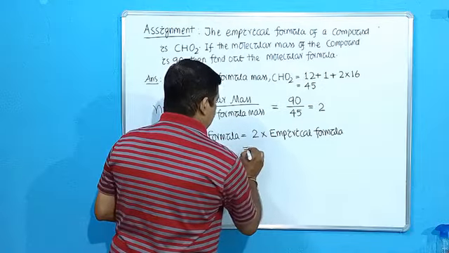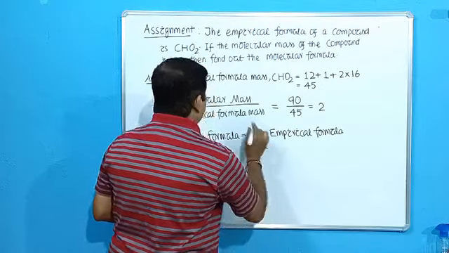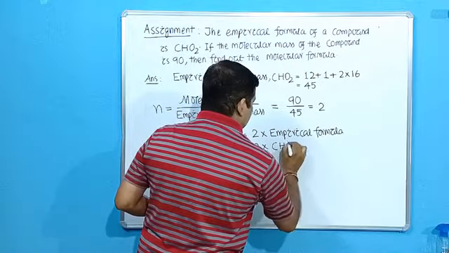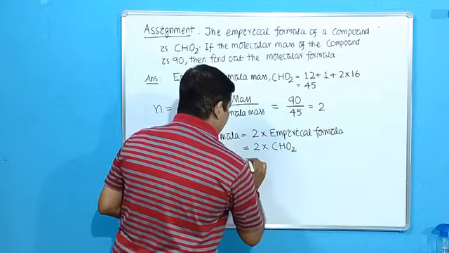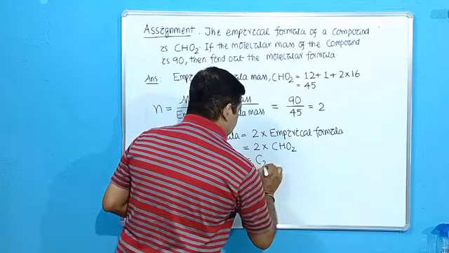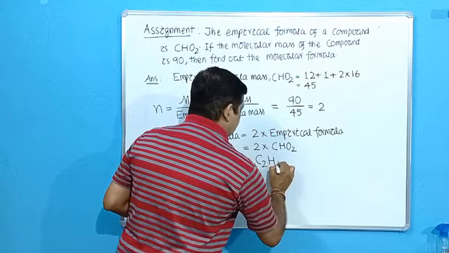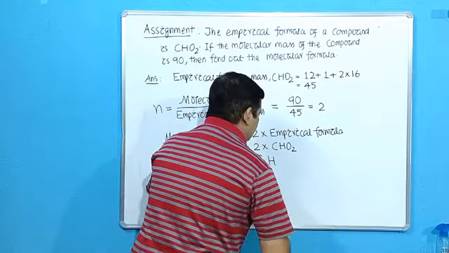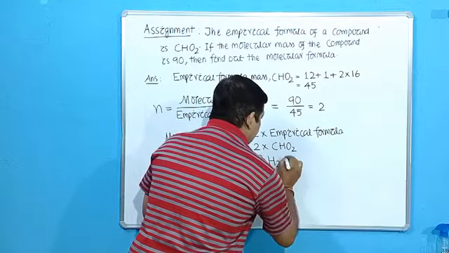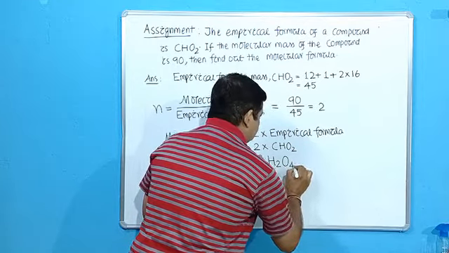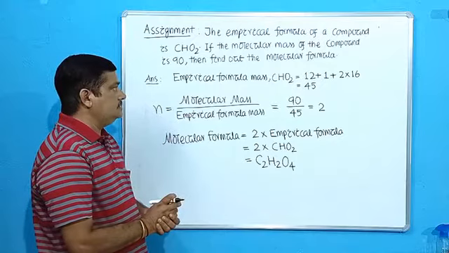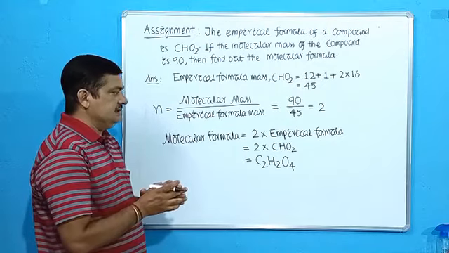So it will be 2 into the empirical formula. The empirical formula is CHO2. So what will be the molecular formula? C2H2O4. So this is the answer. Okay, this is how you have to solve numericals like this.